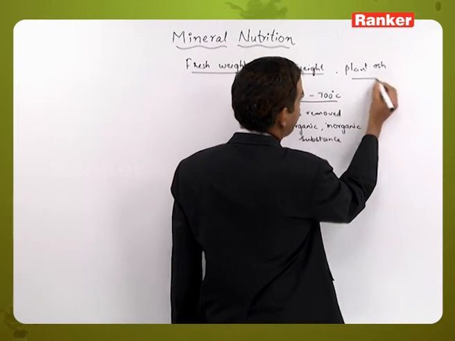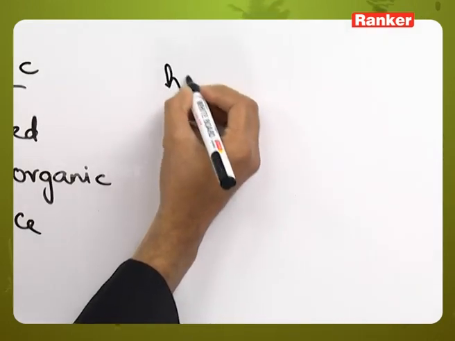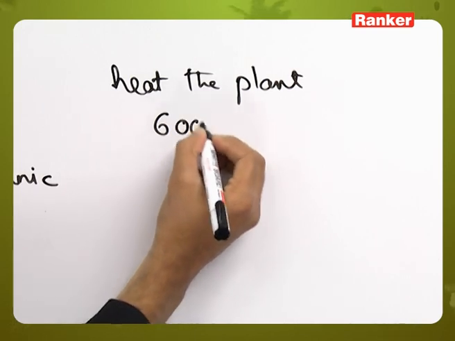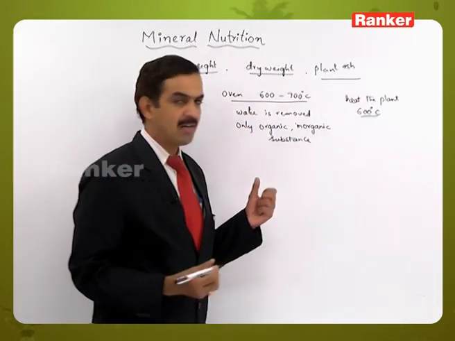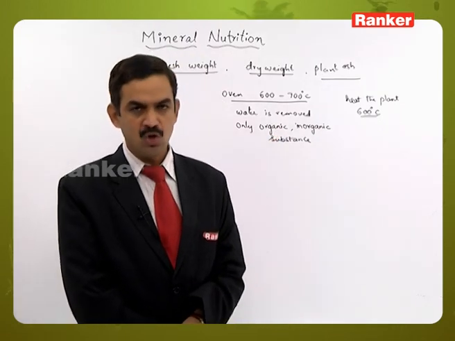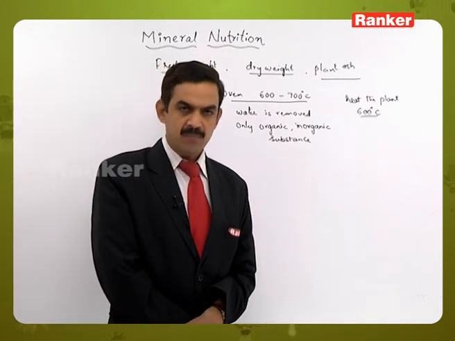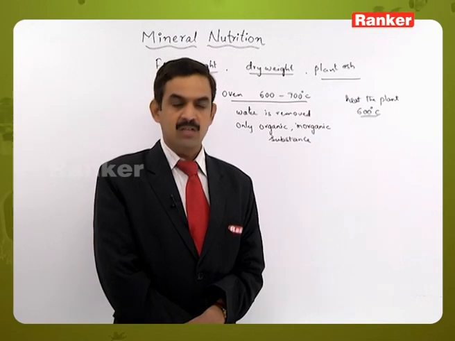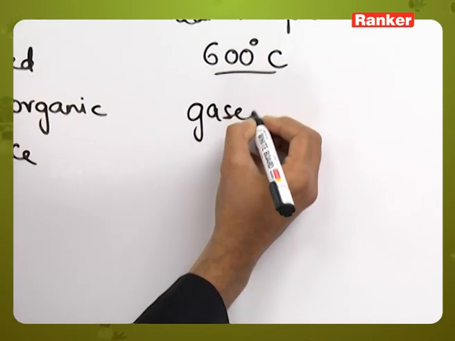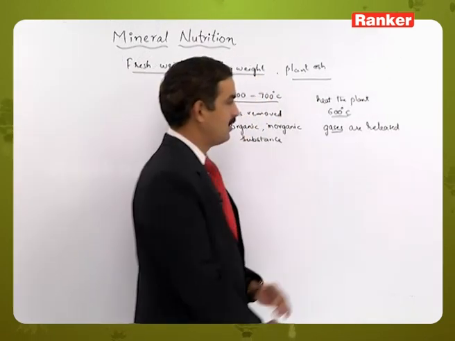After getting the dry weight, we heat the plant at 600 degrees centigrade, and the organic compounds and inorganic compounds present, particularly the organic compounds which contain carbon, hydrogen, oxygen and nitrogen, and apart from that the other minerals, will be lost in the form of gases.